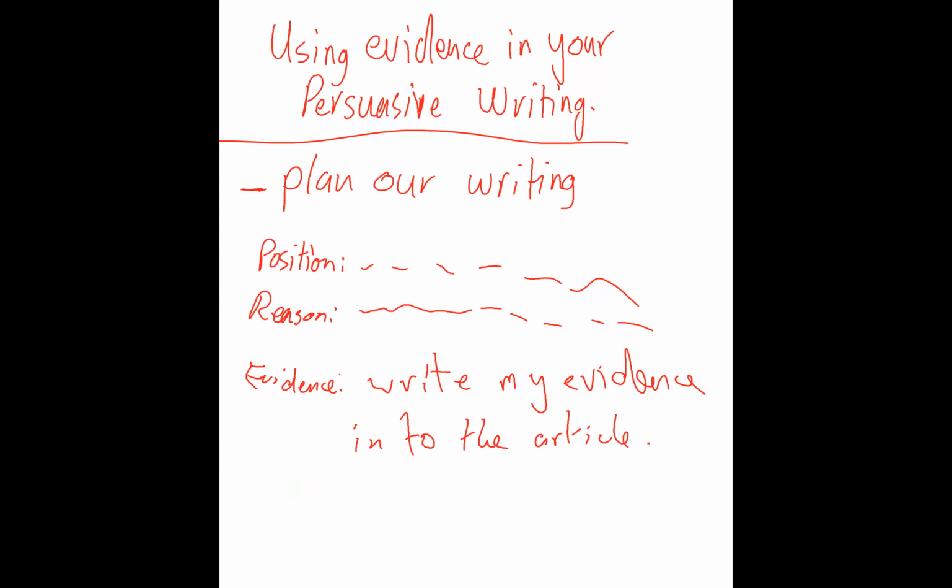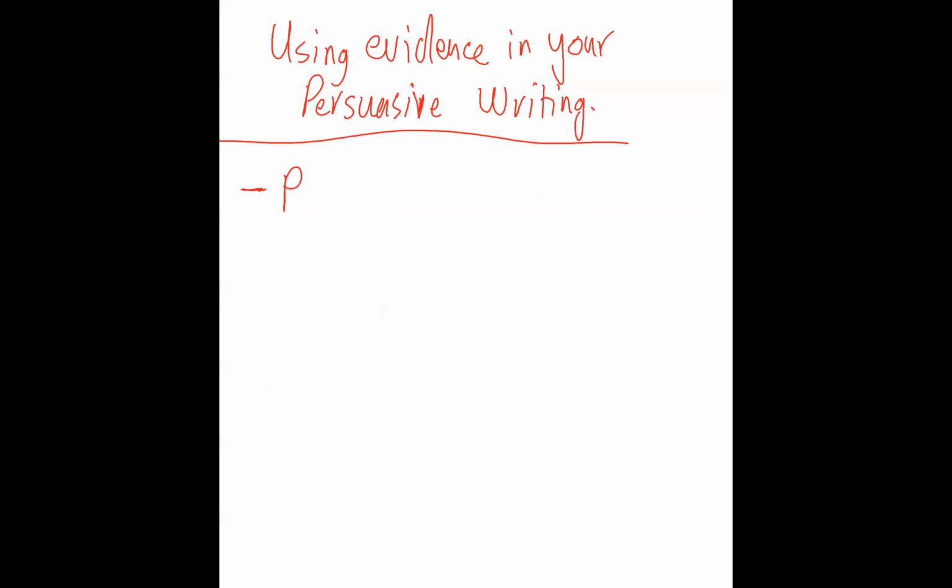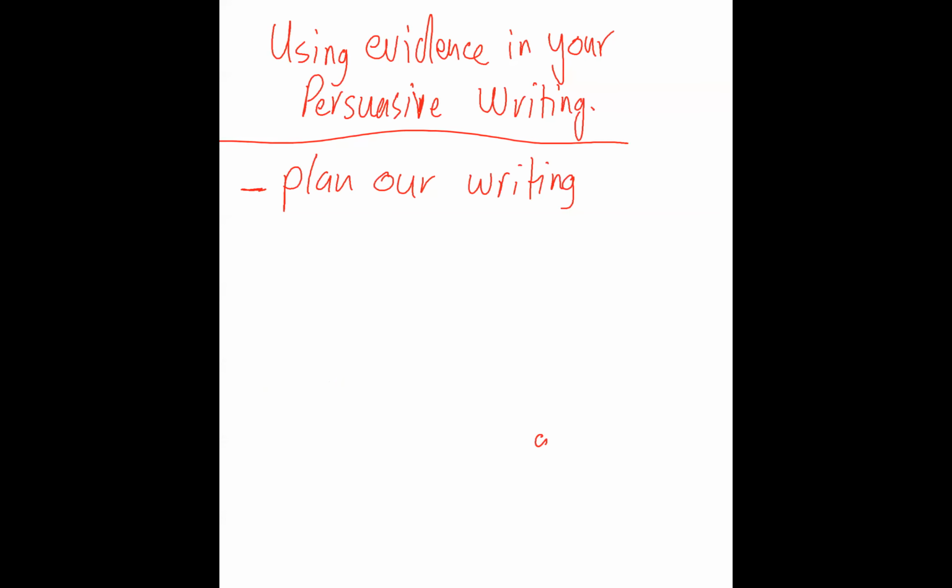By planning it out in that order, and then once you'd done that, you'd remove all your headings and just combine it all to make a nice, neat little argument. So planning your evidence can be a good way to use it effectively. Any questions about that?